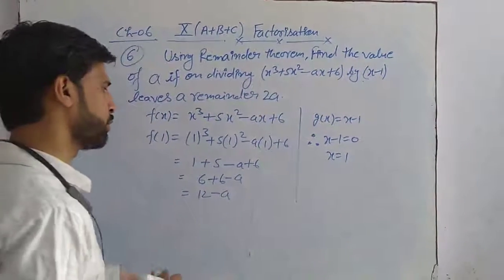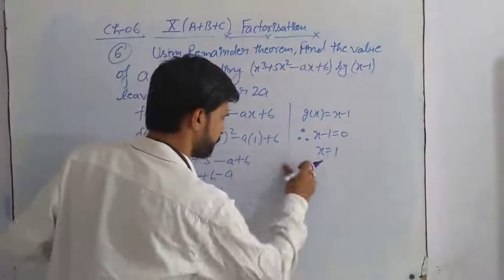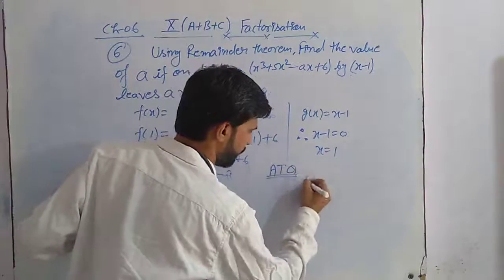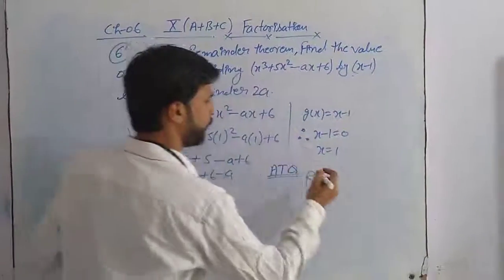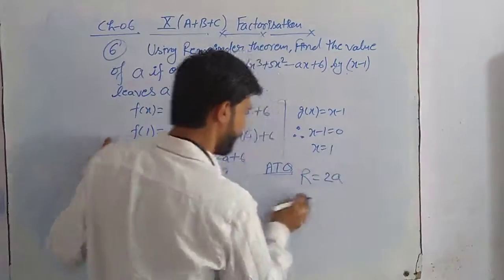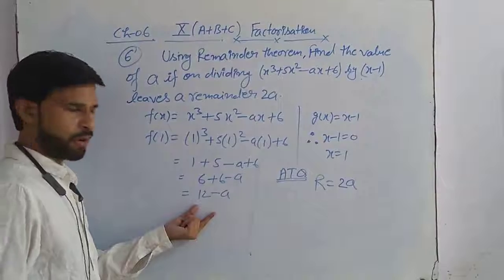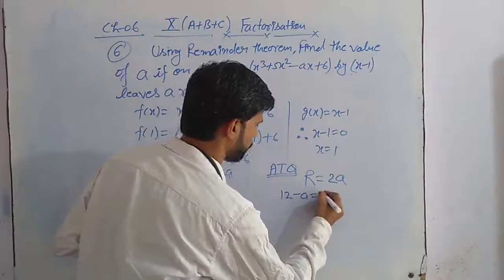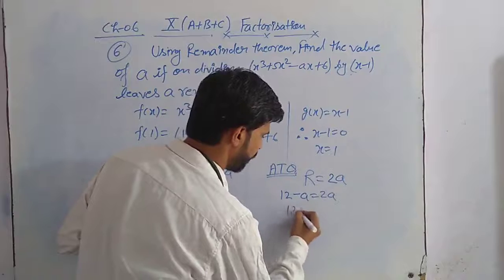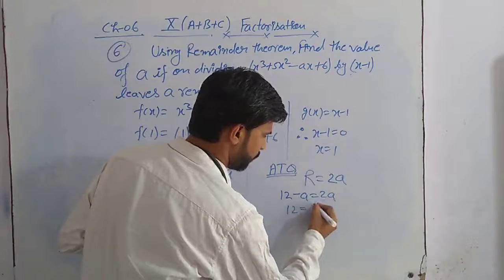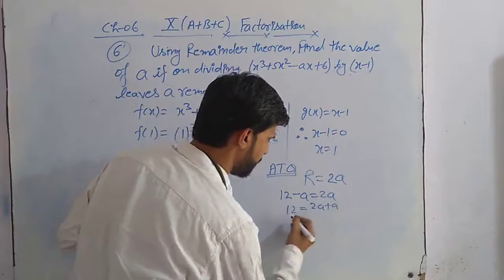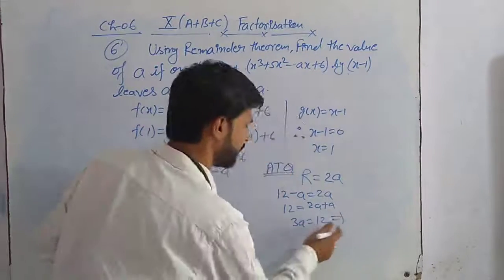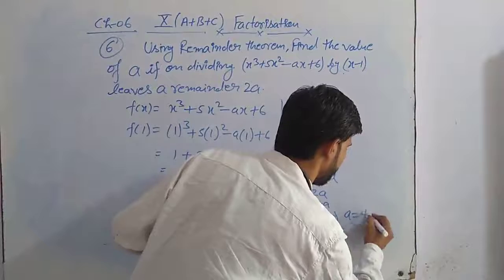According to the question, the remainder is equal to 2a. Now equating 12 minus a is equal to 2a, then we get 12 is equal to 2a plus a, it means 3a is equal to 12. It implies that a is equal to 4.